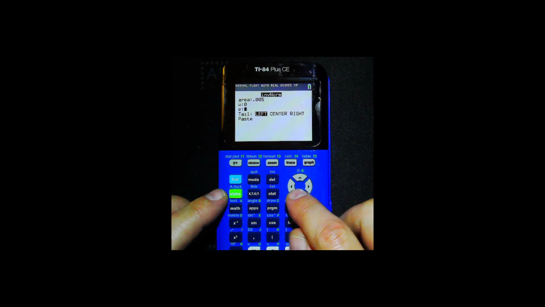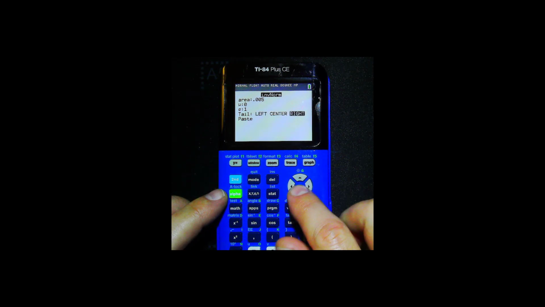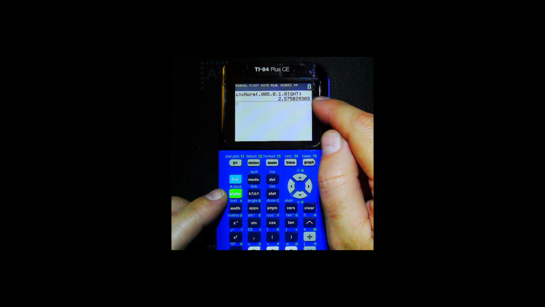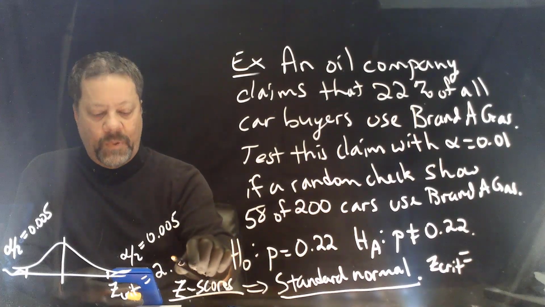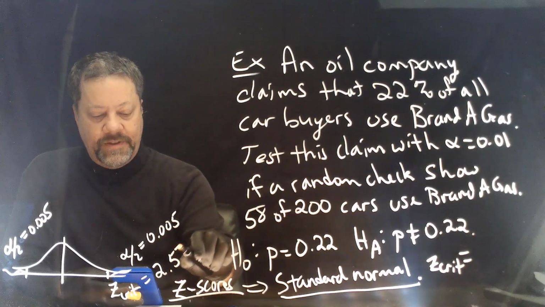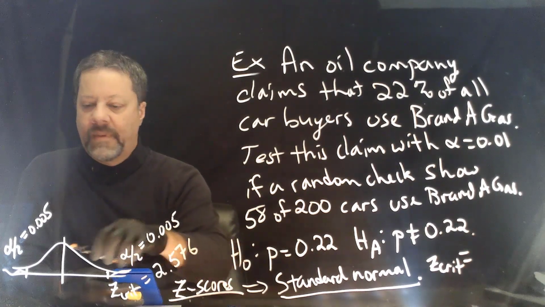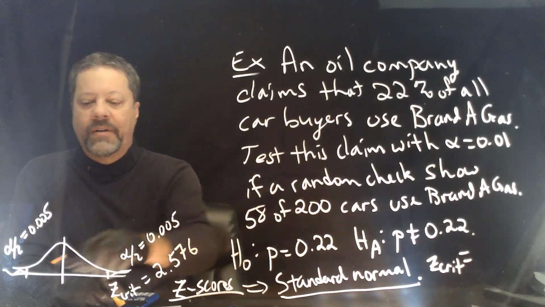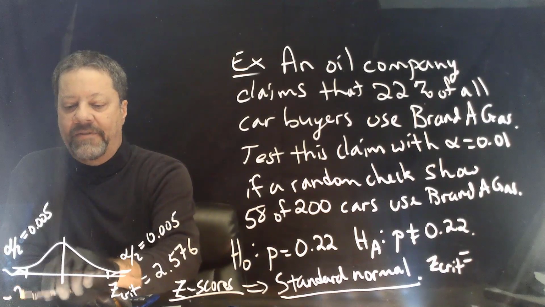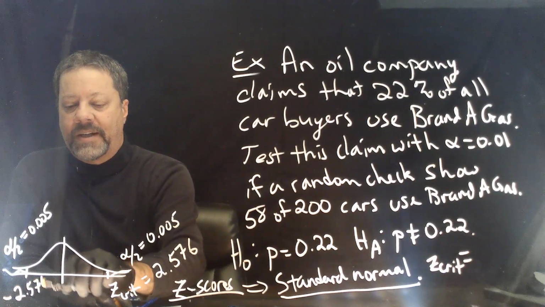We'll use the standard normal curve and we'll select a right tail. And that gives us the critical z-score of 2.576. Because of the symmetry of the standard normal distribution, the other one will be at negative 2.576.